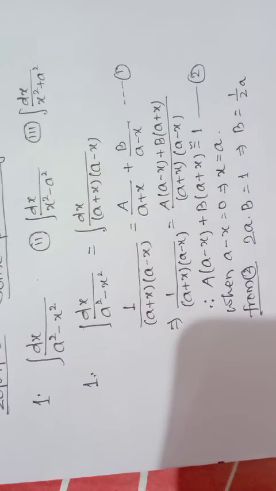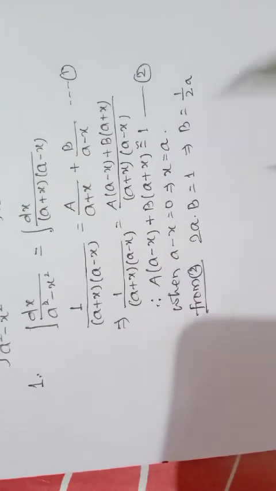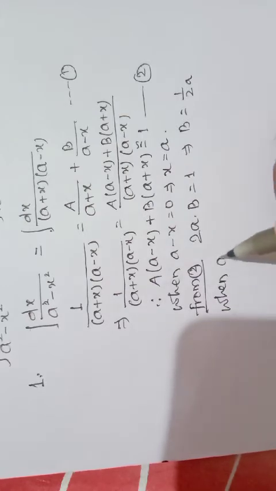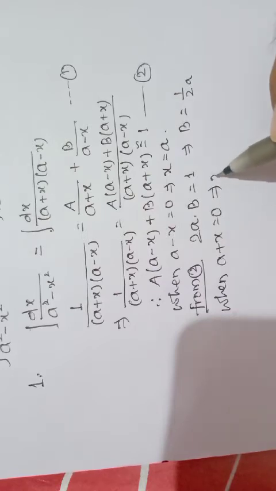Similarly, in the next case, put the other factor, that is a plus x is equal to 0. When a plus x is equal to 0, that means x is equal to minus a.